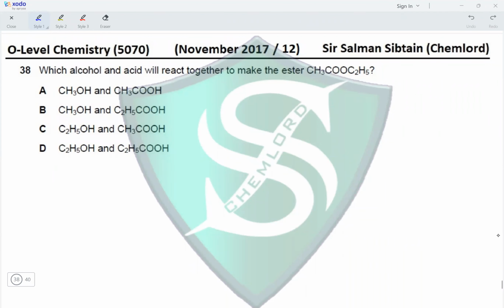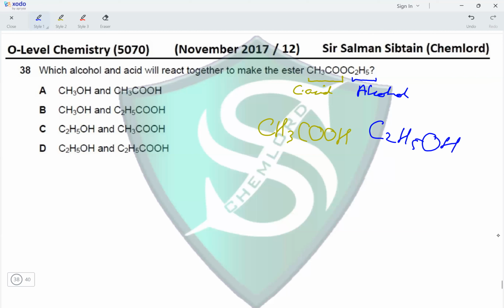Question 38. Which alcohol and acid will react together to make the ester CH3COOC2H5? So in this, two carbon atoms are present in the alcohol that reacted, and two carbon atoms are present in the carboxylic acid that reacted. So the carboxylic acid would be CH3COOH, while the alcohol would be C2H5OH.